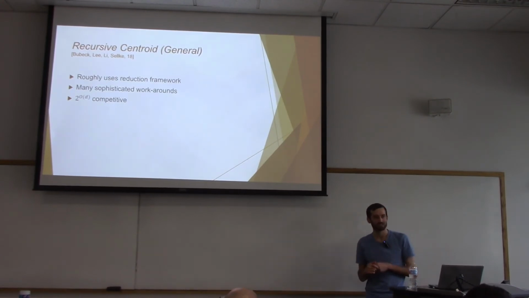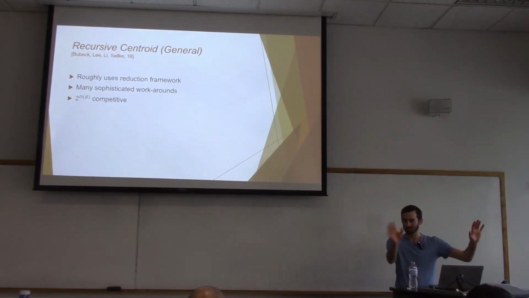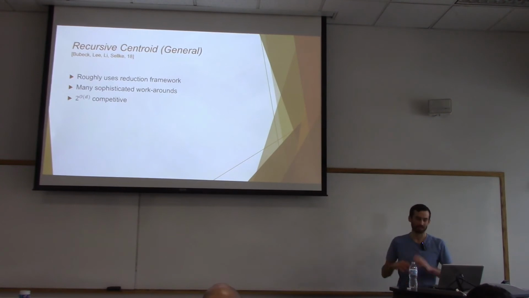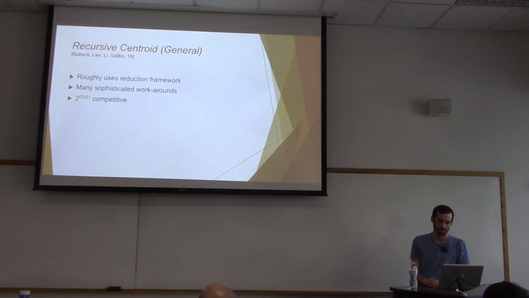They had to use a lot of sophisticated machinery to get the volume dropping arguments to work in the general case, and they ended up getting something that was 2 to the order d competitive. I'm not going to talk too much about their algorithm, but it is in theory possible. This work was out there, that you can define this set omega and do this sort of nested instance within a non-nested instance.